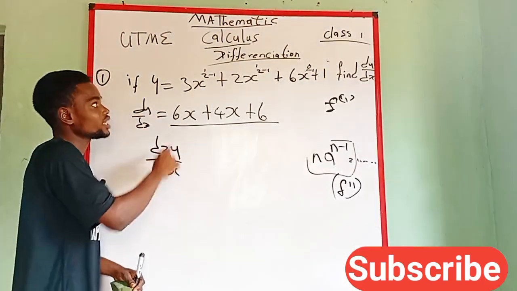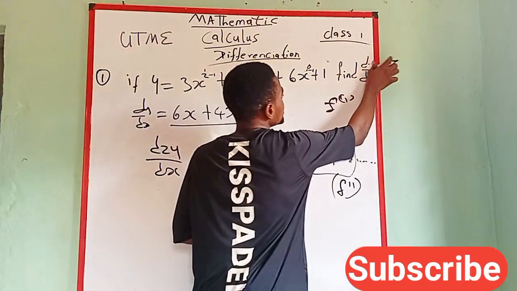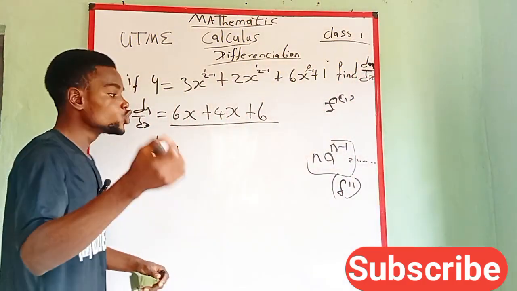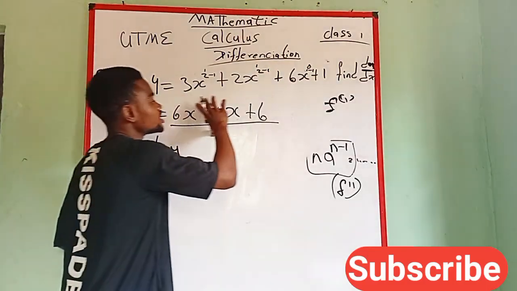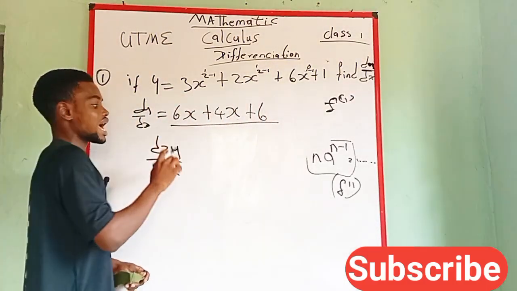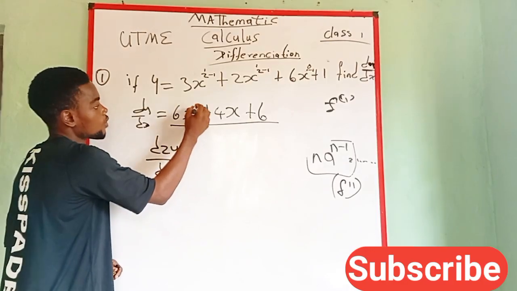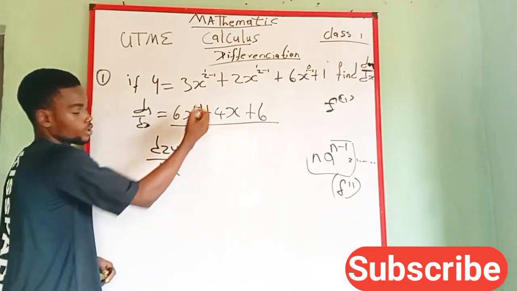Now, to find the d2y over ds2, it means after I've differentiated this first one, I will differentiate it again. So differentiating this again, I'm going to say take away 1 from the invisible 1 is 0. X raised to the power 0 is 1.